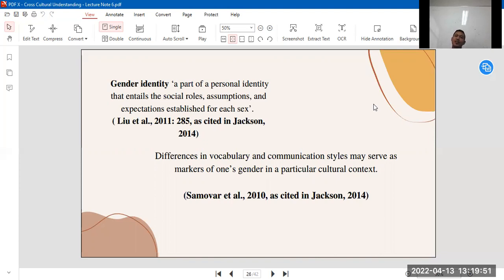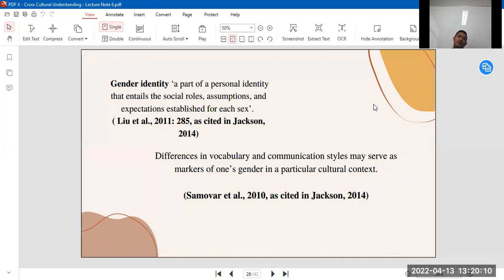Gender identities are multidimensional and constructed in particular social contexts through our intercultural processes, through socialization.